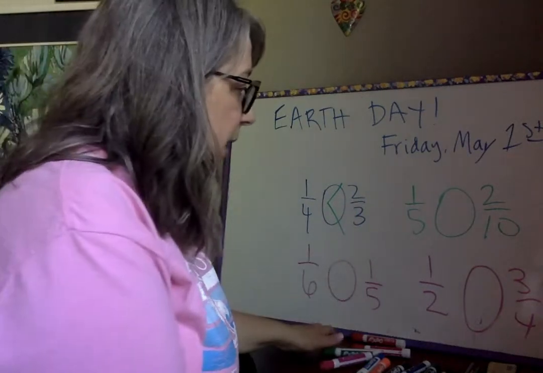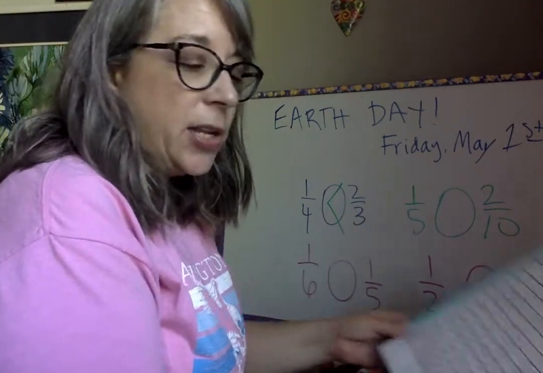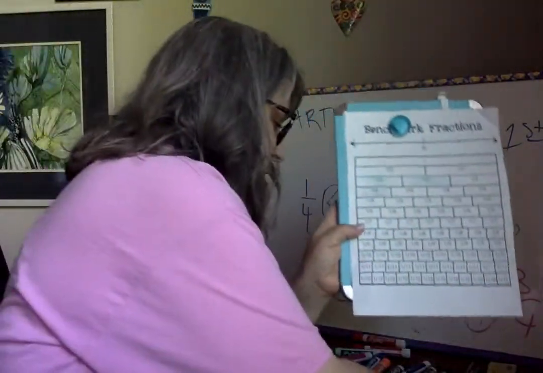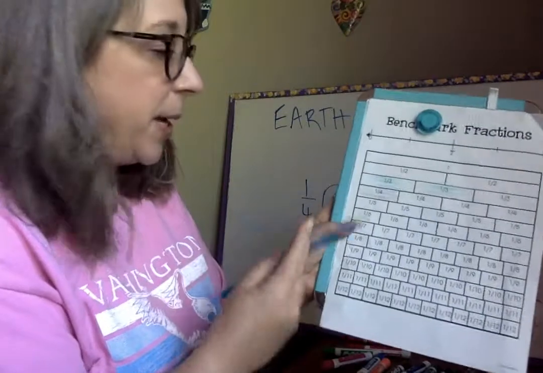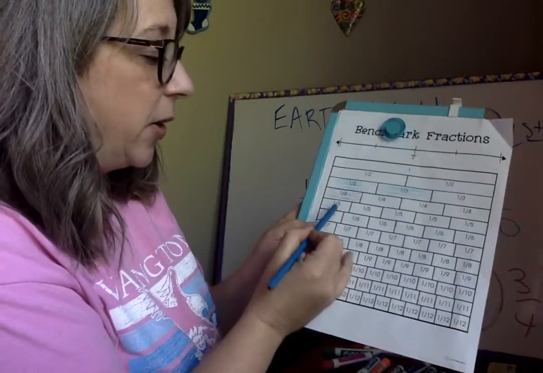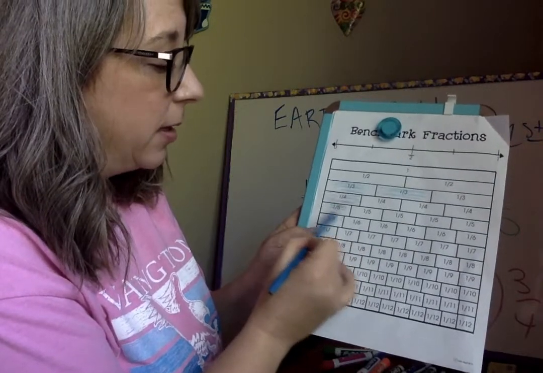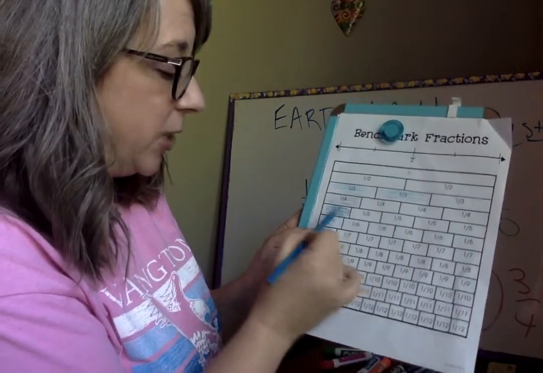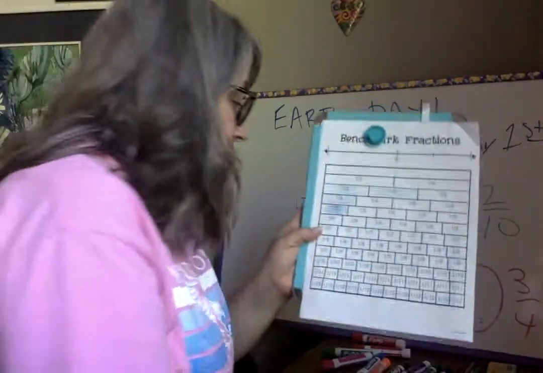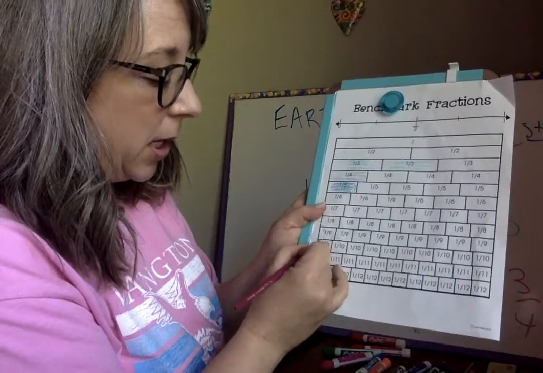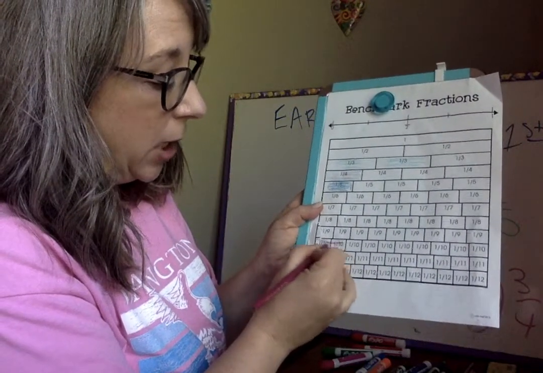All right, so let's compare 1/5 and 2/10. Let's do it. And I pulled out a bunch more colored pencils. So here we have 1/5, and we're comparing that to 2/10. Now, here's something I want you to think about, okay? Here is 2/10. Here's 1, here is 2.